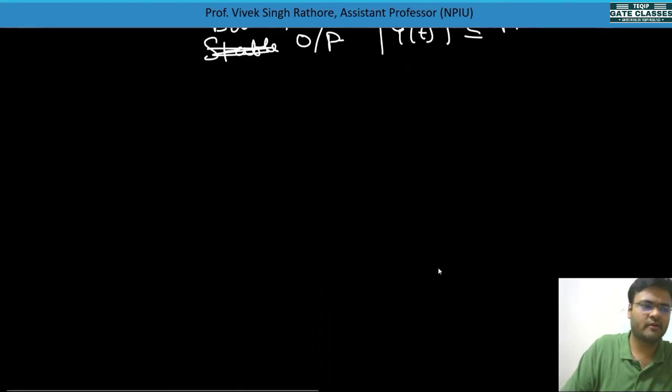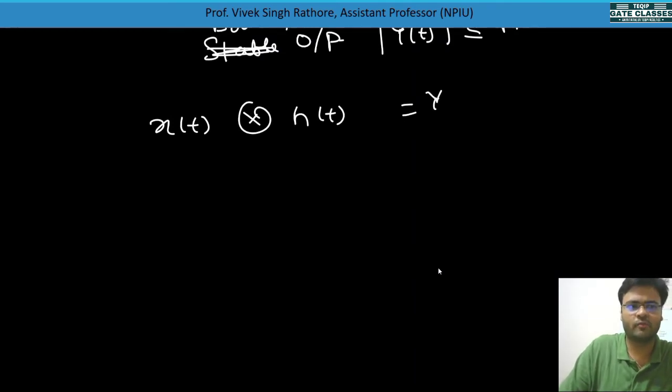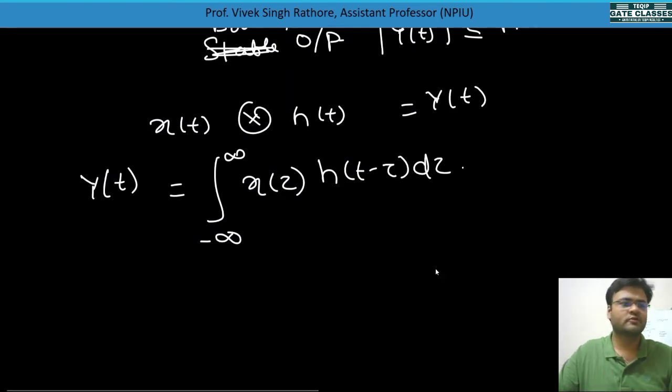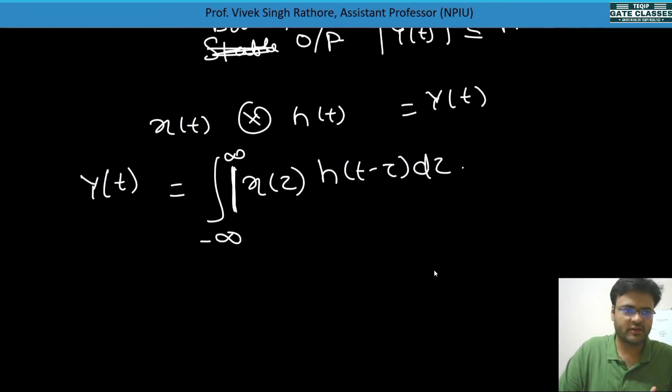Now x of t is convolving with h of t, and we are getting output as y of t. Actually what we are doing is the integral of x of tau h of t minus tau d tau, that is why we are getting output y of t. So ultimately, for a system to be stable, this convolution, or total output, is going to be less than infinite.